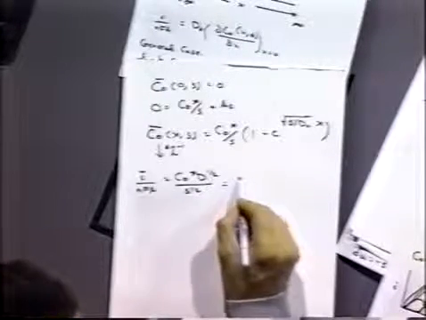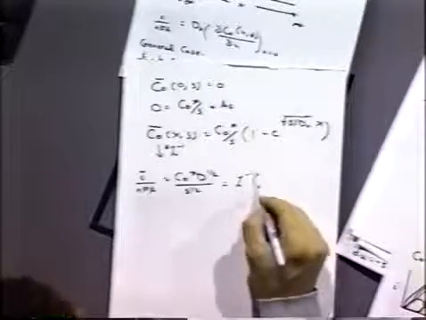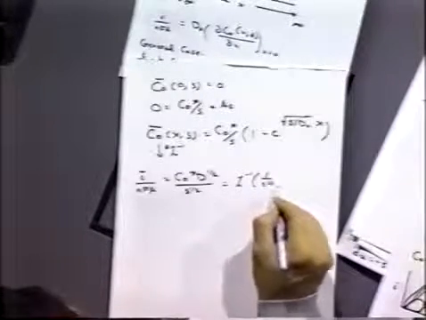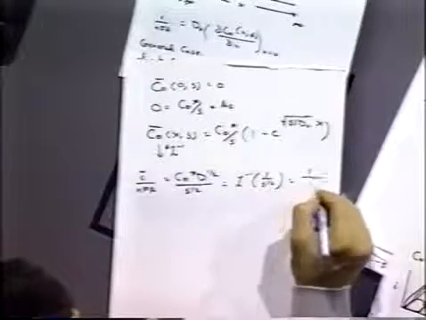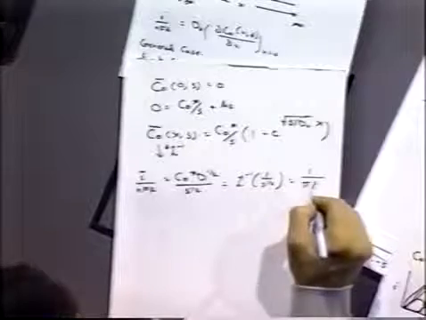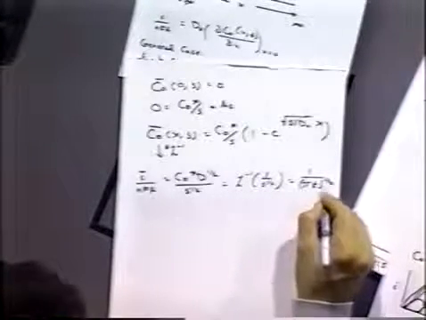Which effectively is equal to the inverse transform of 1 over s to the 1/2, which is equal to pi t to the 1/2. And that's in a table in the back if you want to figure that one out.